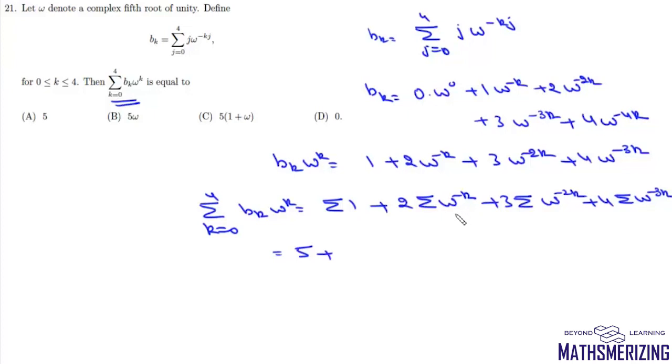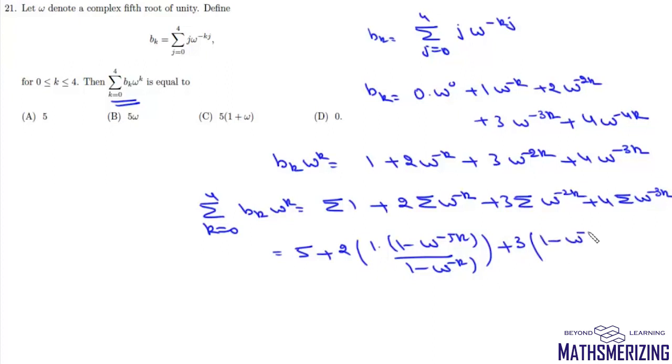It is nothing but a geometric progression. So its sum will be a·(1 − ω^(−5k))/(1 − ω^(−k)). In the same way, the second one will be (1 − ω^(−10k))/(1 − ω^(−2k)), and then plus 4 into (1 − ω^(−15k))/(1 − ω^(−3k)).